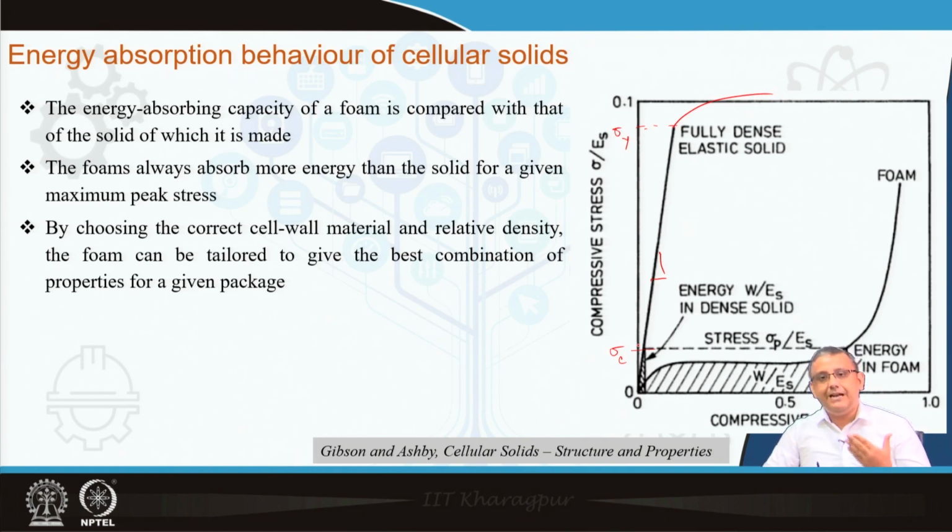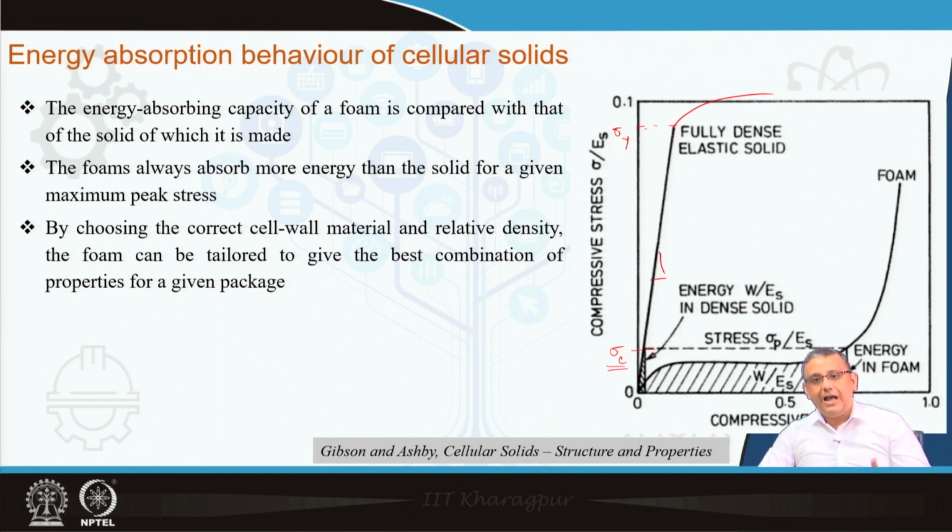For example, just imagine that we design a car, and there are relations which automobile engineers often follow, which predict that if there is a head on collision or a clash at a certain velocity, then what will be the amount of stress generated. That means, what will be the stress required to protect the internals of the car component. So, this critical stress is the sigma c value which we define over here.